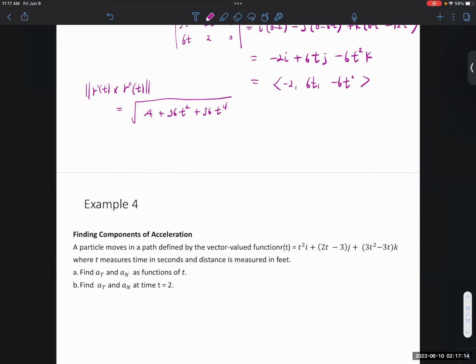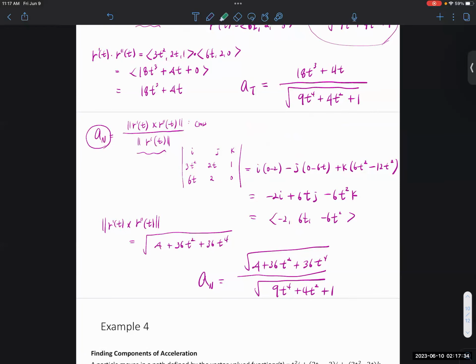So therefore, the normal acceleration will be the square root of 4 plus 36t squared plus 36t to the 4, divided by the square root of 9t to the 4 plus 4t squared plus 1. So we have both answers, AT and AN.